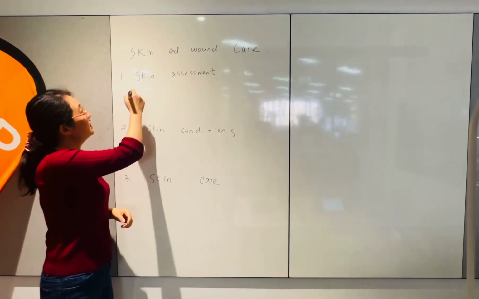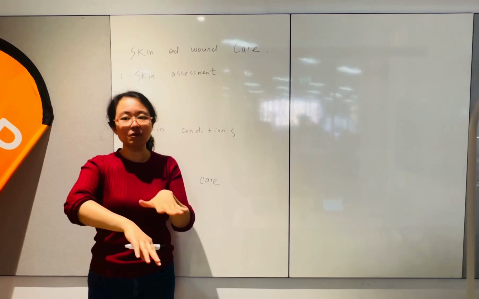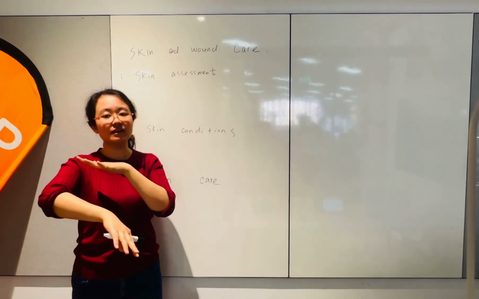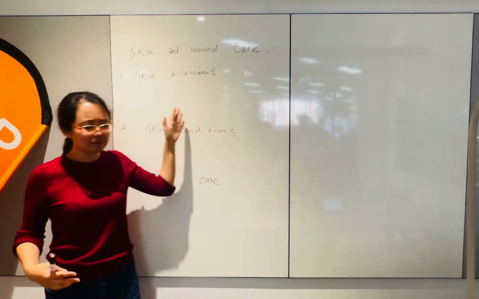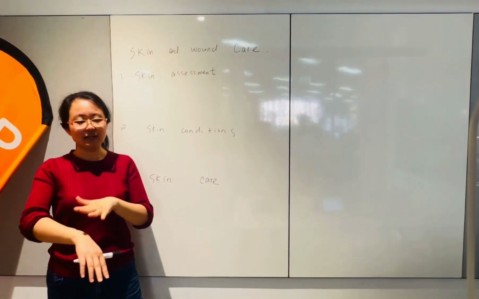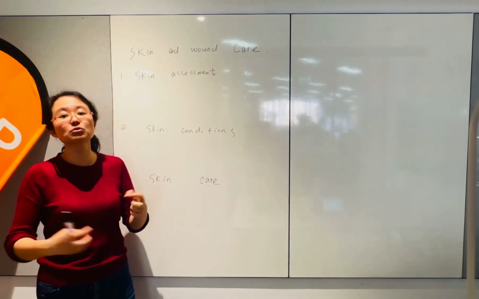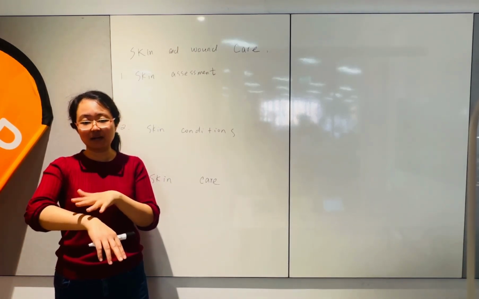Now, we already understand the skin layers, right? So we know that we have 3 skin layers: the epidermis, the very first layer, and then the dermis, and then the subcutaneous tissues. Especially for elderly patients, older people, because of the age, their skin loses elasticity and loses structure.